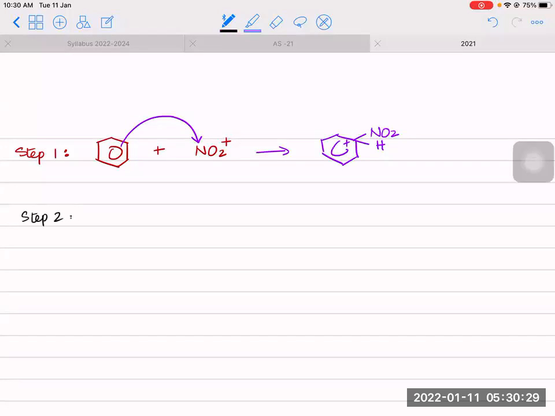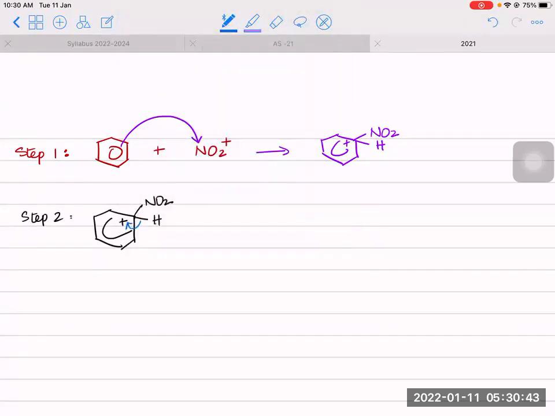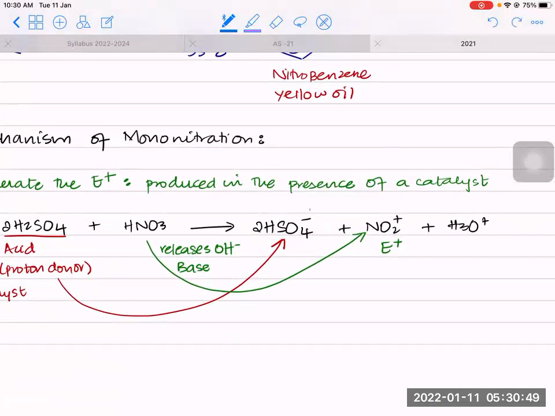In step 2, this 4-valent carbocation intermediate will release the H as H plus. So this is the NO2, this is the H. This H is expelled as H plus. With both the electrons, you reform the ring. Now what else did we have here in the product? HSO4 minus.